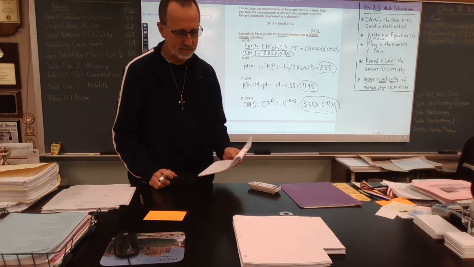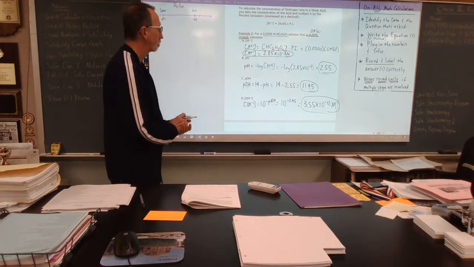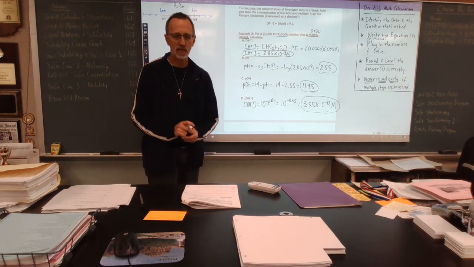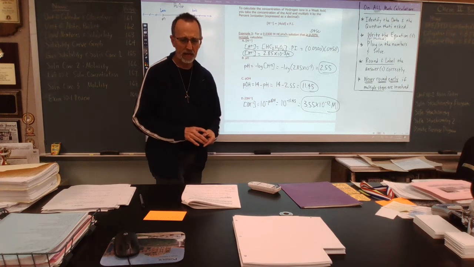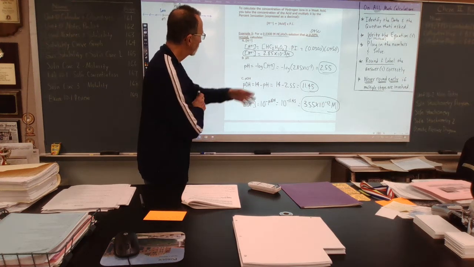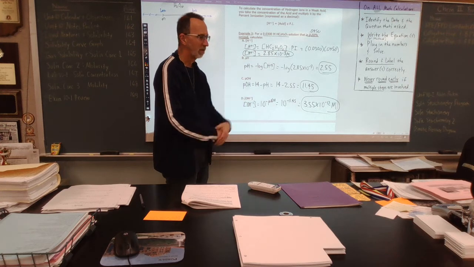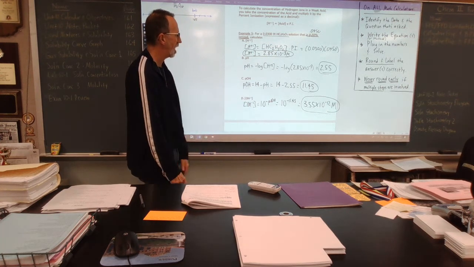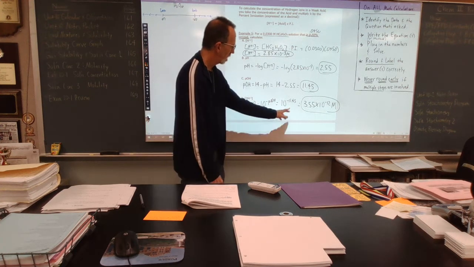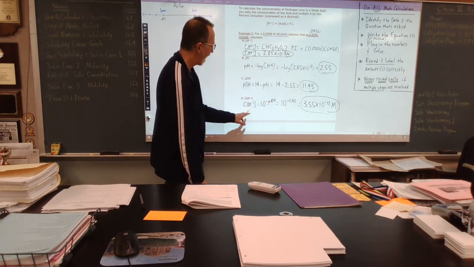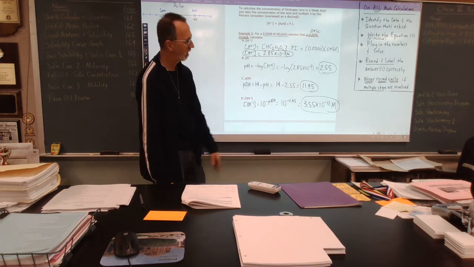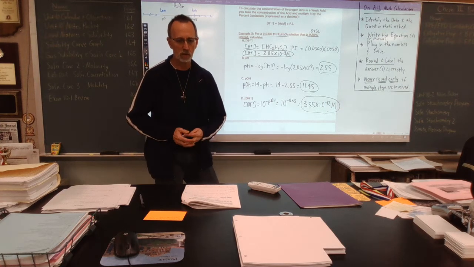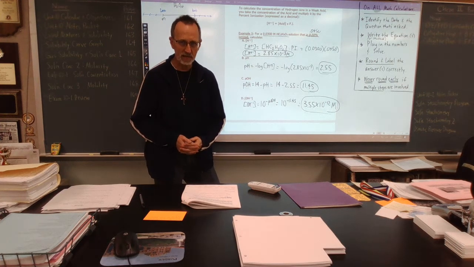Before I end today's lesson, there's one thing I want to bring up. Acetic acid is obviously an acid, and obviously it has hydrogen ions in it. It obviously has acetate ions in it. But as you can see from our calculations, it also has hydroxide ions in it: 3.55 times 10 to the minus 12 molar of hydroxide.